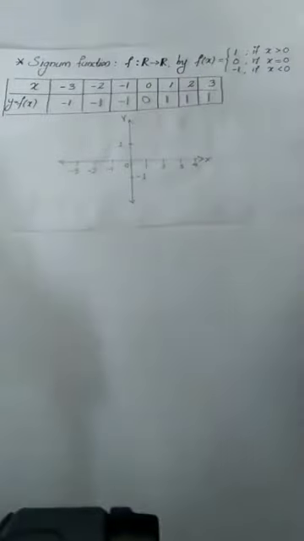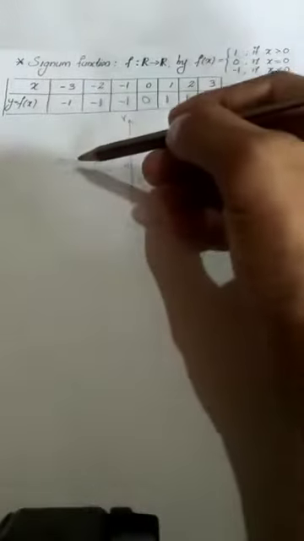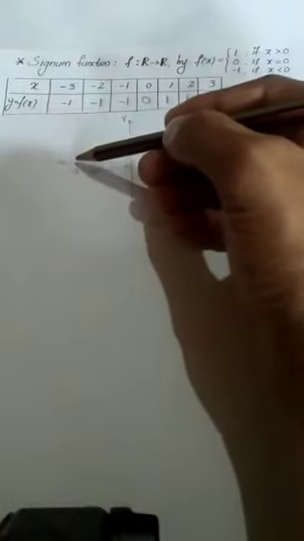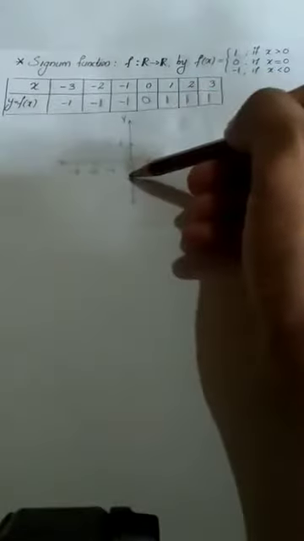So this is the signum function. If the real number is negative, then f of x equals minus 1. If it is 0, then f of 0 equals 0. If it is positive, then the value is 1. If x equals minus 3, the value is minus 1.